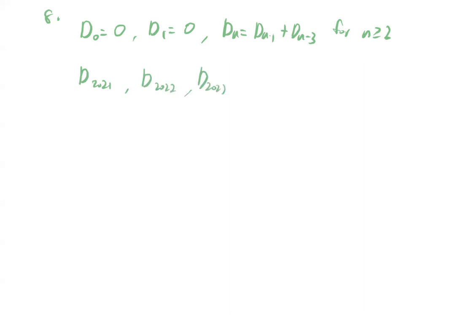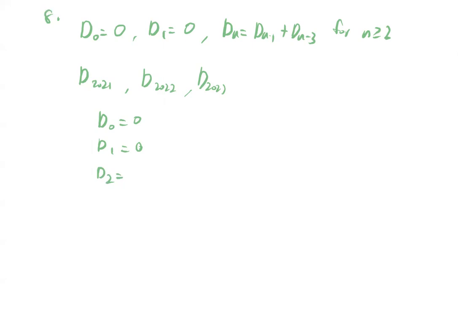So basically, what I did was I just listed out all the numbers, and let's do d2.